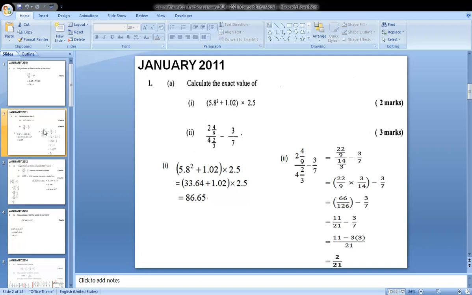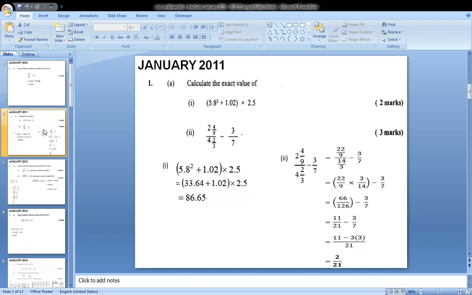And the second part of the question says 2 and 4/9 divided by 4 and 2/3 subtracted from 3/7. So let's work out the first part. 5.8 squared added to 1.02 times 2.5.